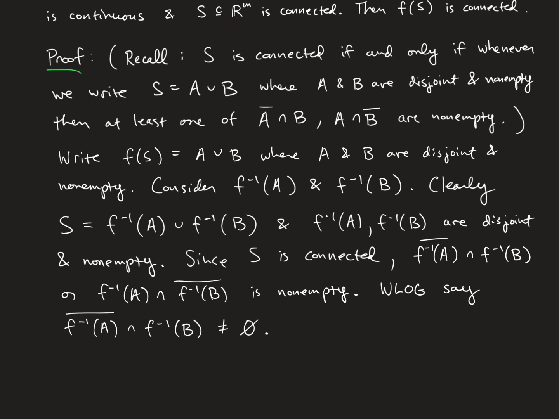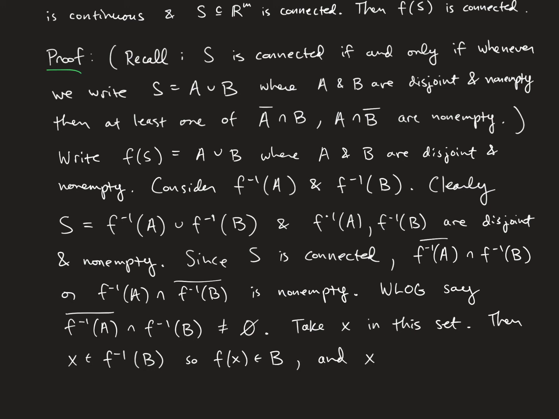And let's take X in this set. Well then X is in F inverse of B. So we're basically just writing down the properties of this X being in this set. So X is in F inverse of B, so F of X is in B by definition.